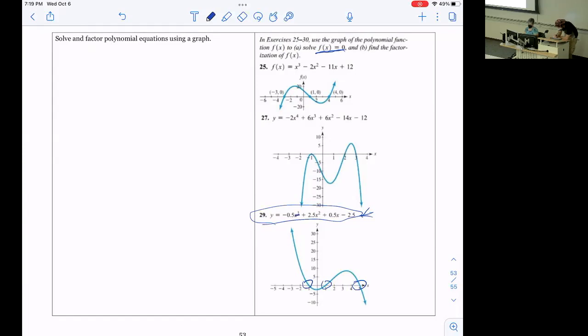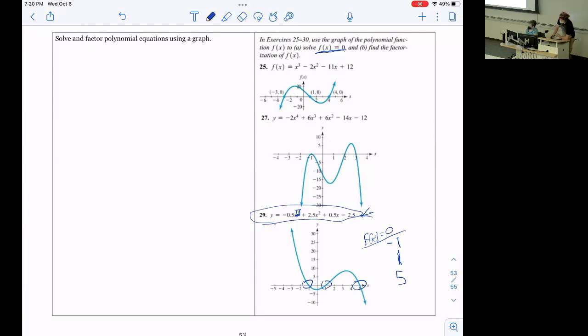We have our 3 here, and we're expecting 3 answers. This first one on the left looks to be -1. So f of x is equal to 0 at -1. This one looks like +1. And the one on the far right looks like 5. So f of x is equal to 0, those are our solutions.